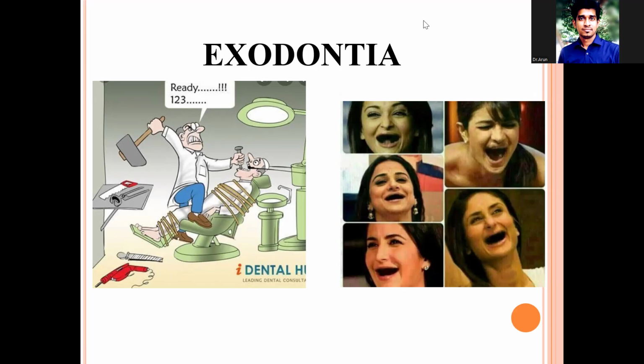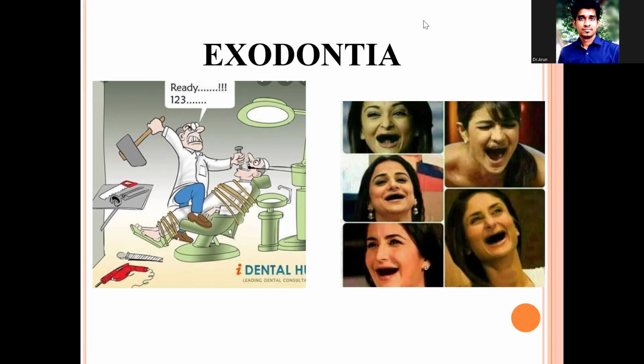That means you're not damaging the periosteum, there is minimal trauma to the investing tissue, and the wound heals naturally. There is no post-operative hindrance to your prosthesis when you're planning replacement of the missing tooth which you're going to extract, without damaging the bone.